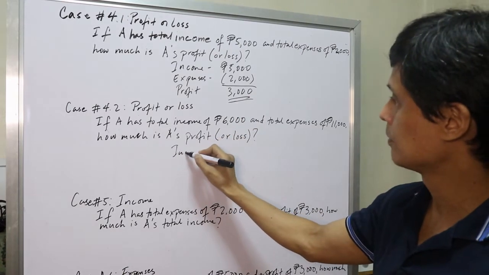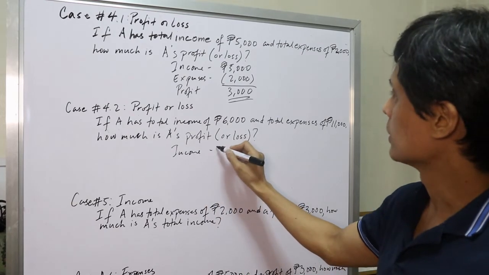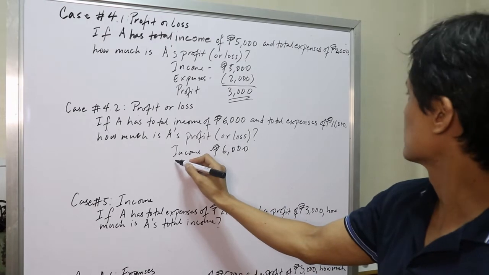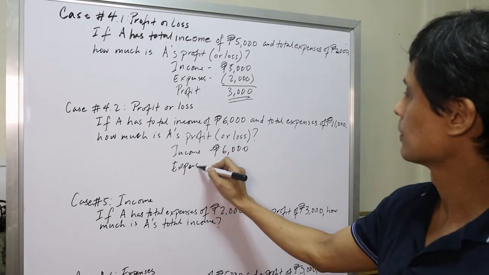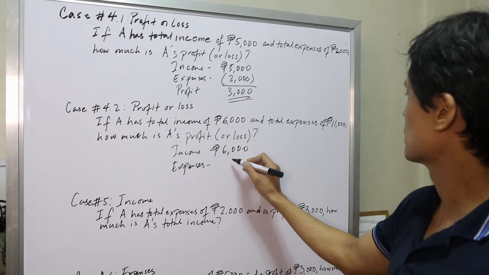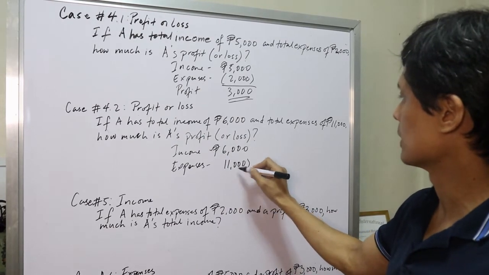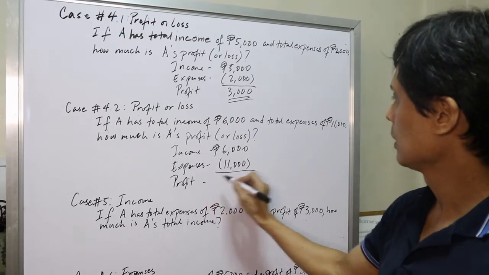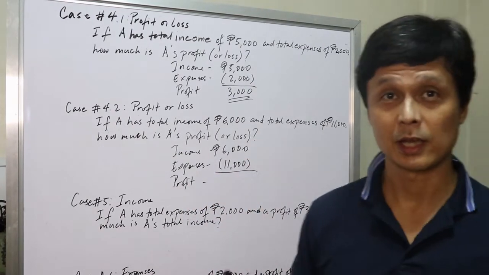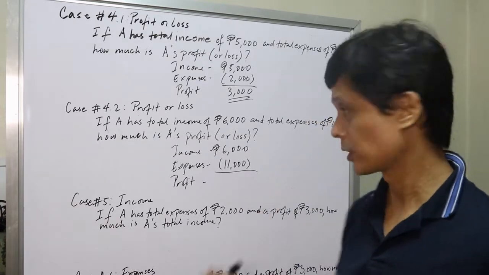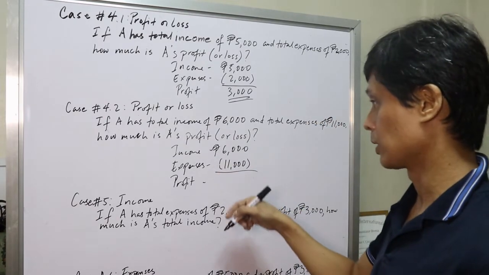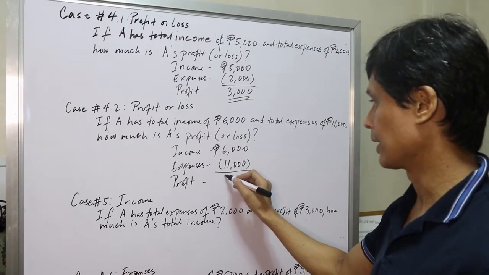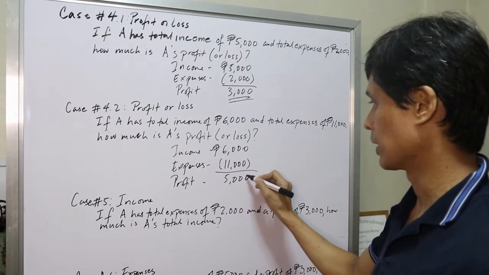So income, this is 6,000, and then less expenses, this is about 11,000, so parenthesis yan. So that would give you a profit of 6,000 less 11,000 would give you, mas malaki yung negative na 11,000. So the answer should be negative 5,000, yung sign yung negative.